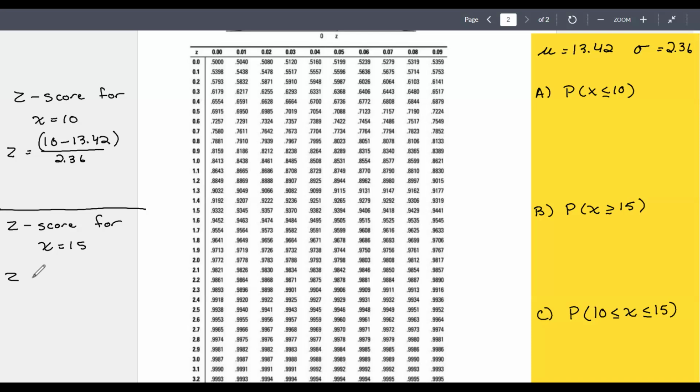And then my second one is going to be 15 minus 13.42 divided by 2.36. This first one, if we round it to two decimal places, is going to be negative 1.45. So that's nice because that's one we had to find already. And then for 15, the z-score is going to be 0.67.